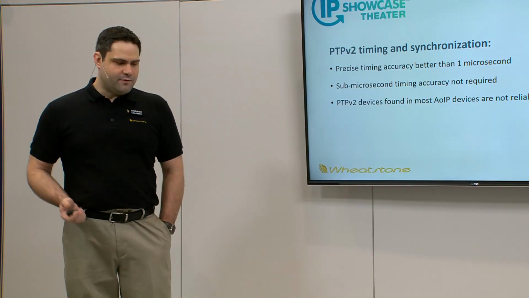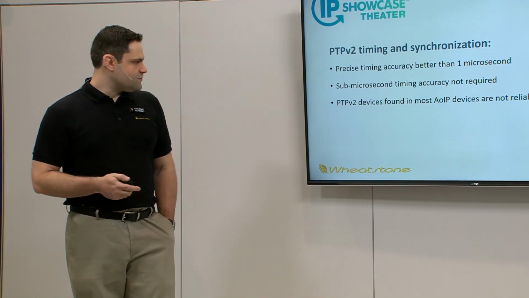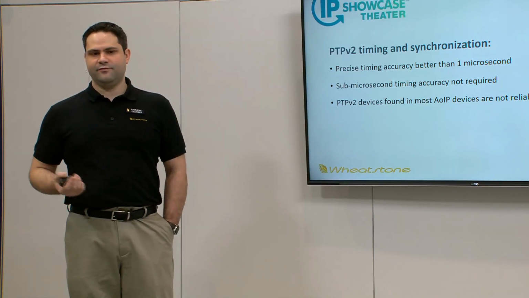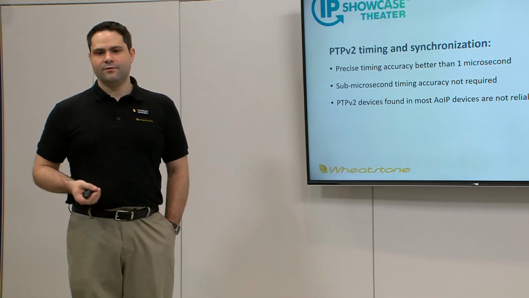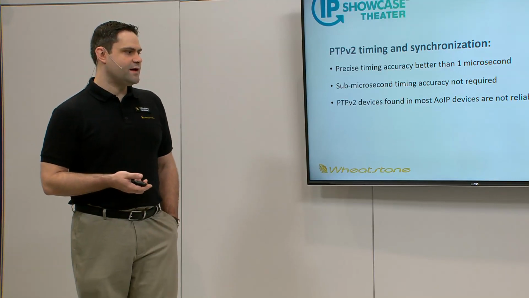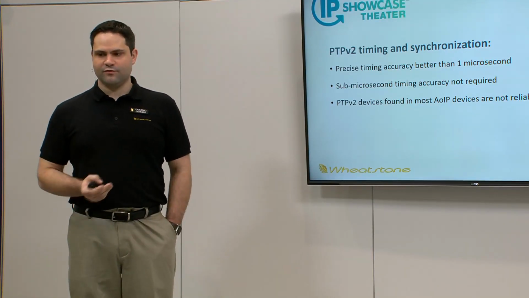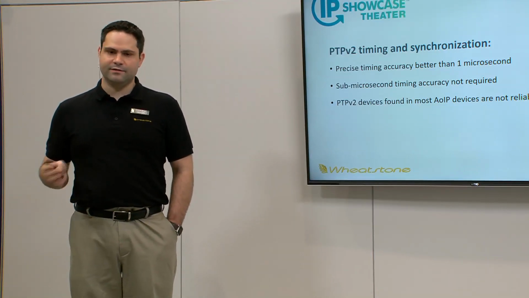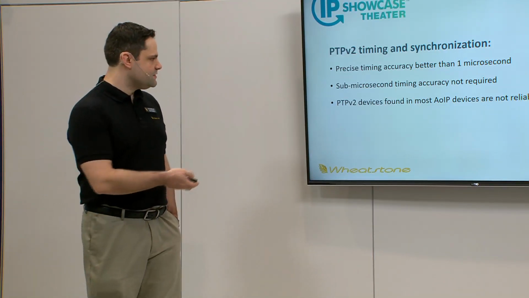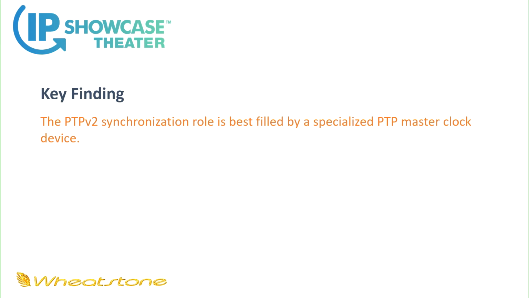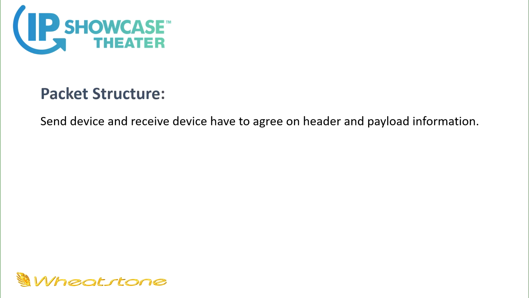Many of the AoIP devices that source PTP clocks are just not accurate enough for good audio quality. They may be accurate for a short period of time, but after running for a while, you begin to experience issues. So we recommend that you use a dedicated PTP clock. And that's what we state here. Really want a specialized PTP master clock.